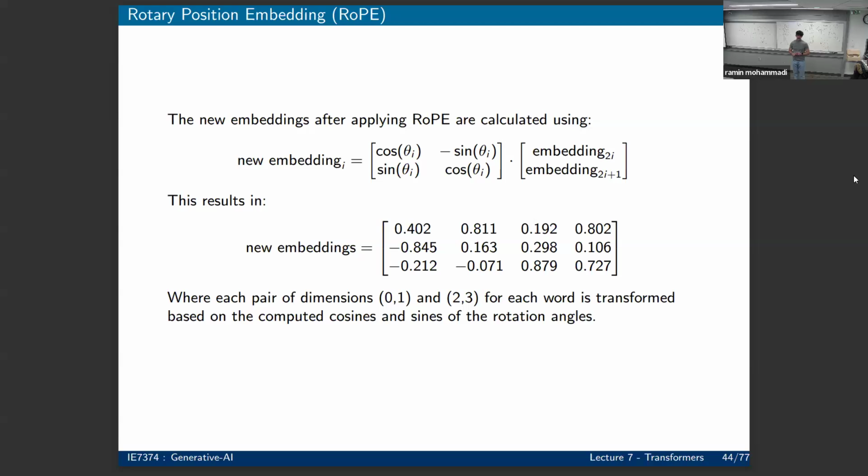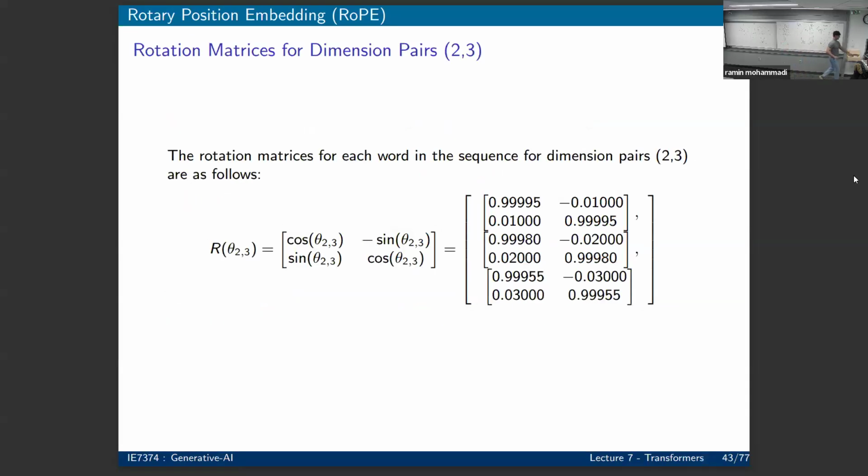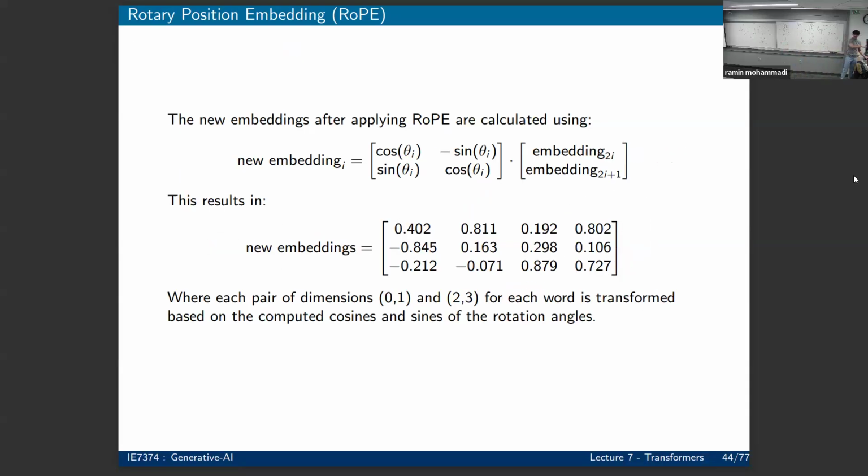And for the second row, which is the second word or the query word, you have the original embedding and this matrix, the second element of this, you do the multiplication, you get the second row. And for the third one, which is a key also, you do the same thing. So you get a new embedding, and you use that new embedding for the general attention that we were doing.